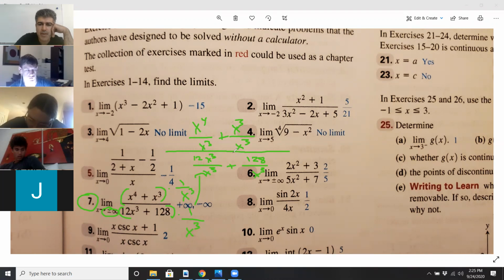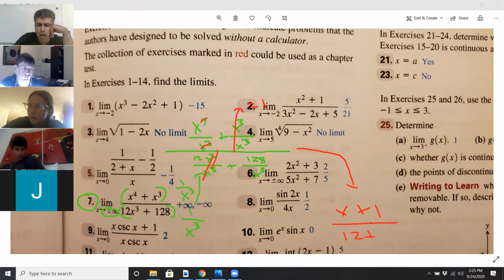So you clean it up, that becomes 1. Those go away, it becomes 12. Of course, that becomes x. So you got x plus 1 over 12 plus 128 over x cubed.